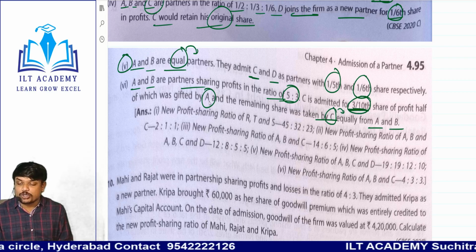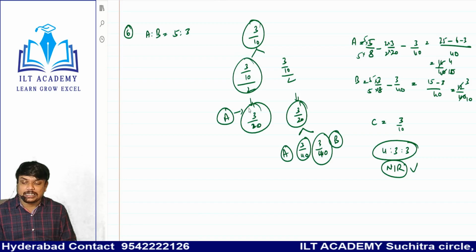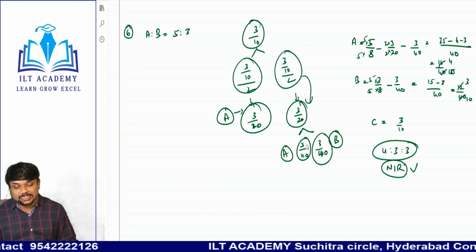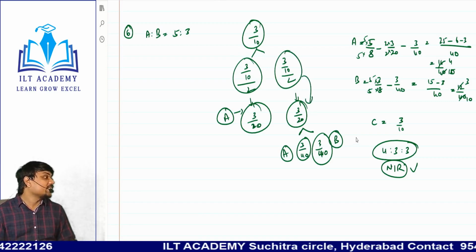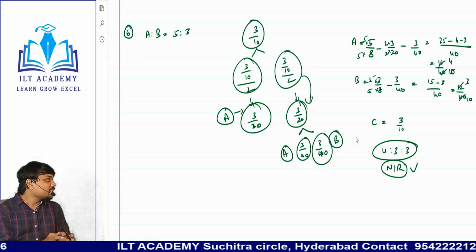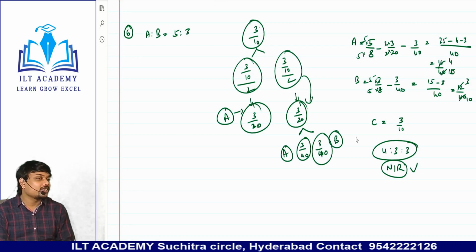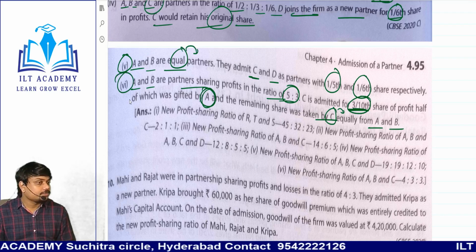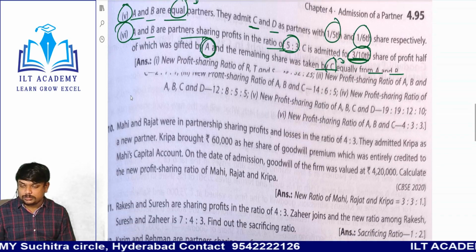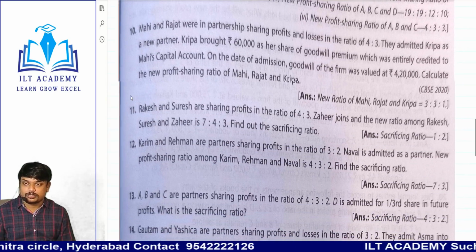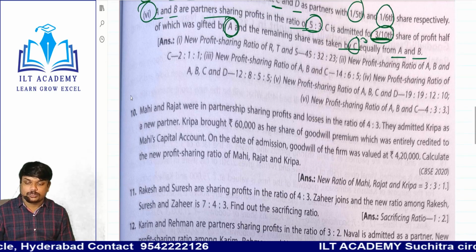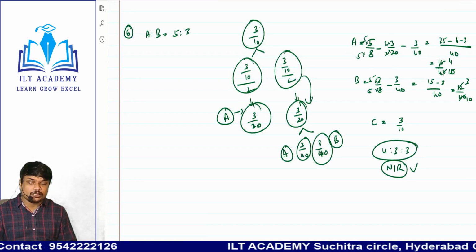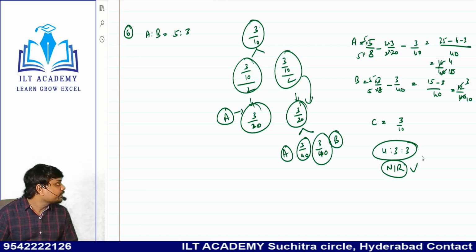He got half from A. Half of 3/10th came from A. From where did the remaining half come? For that, again a condition is given that half and half A and B gave. First half is given by A. Next, from what remains, half A gave. Clear? Read the question properly. Got it? A has given this much, Ma. 5/8 was there, out of that so and so, 4:3:3. Did not understand?